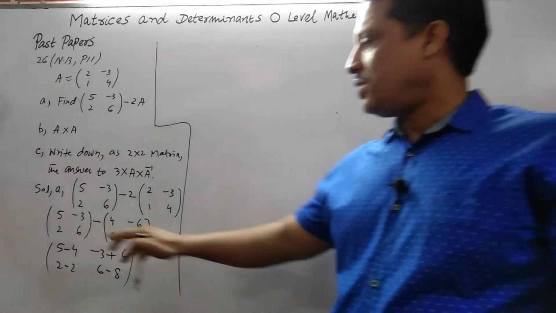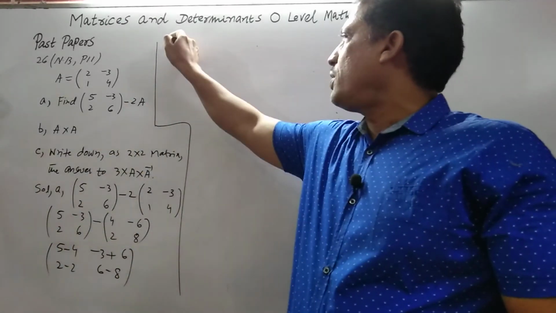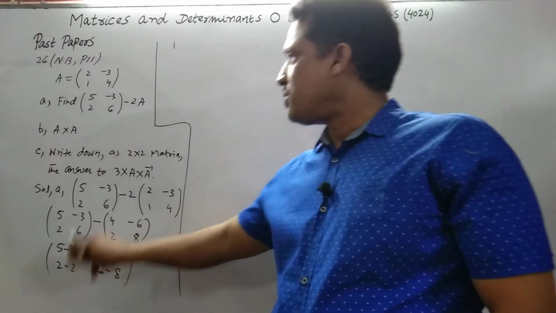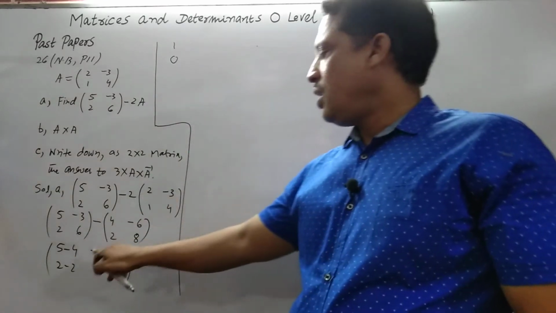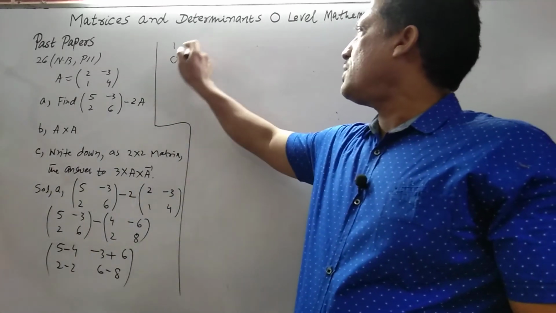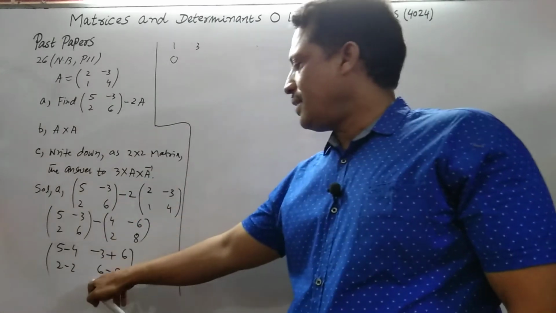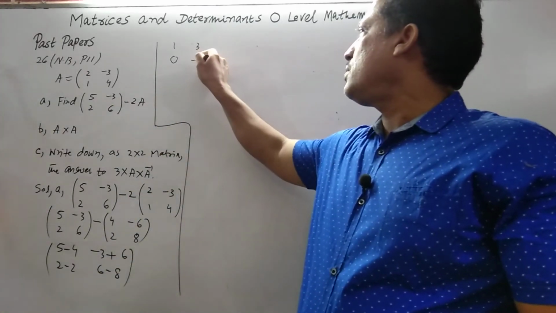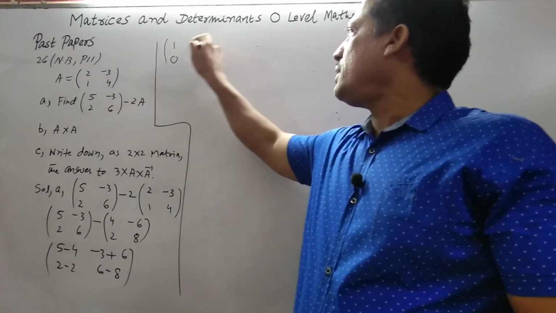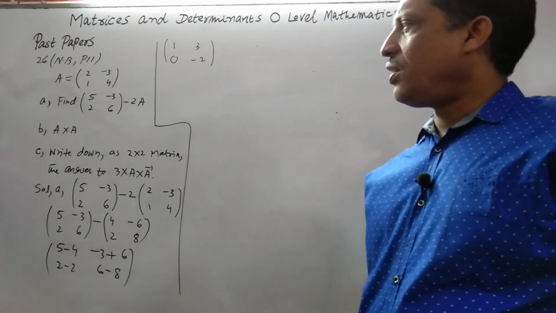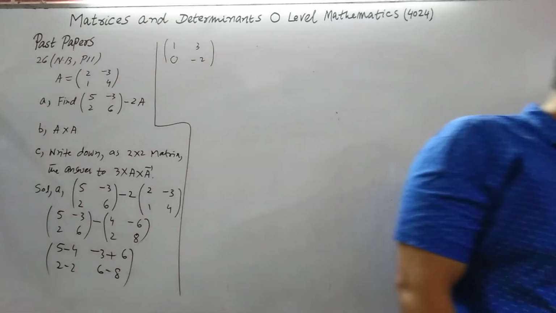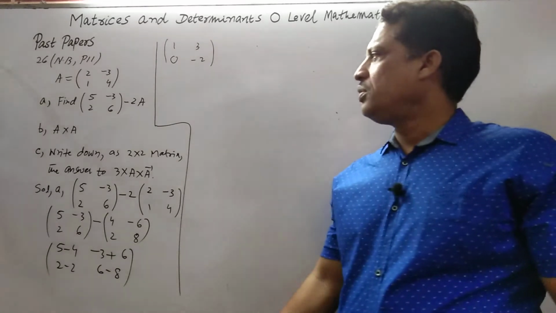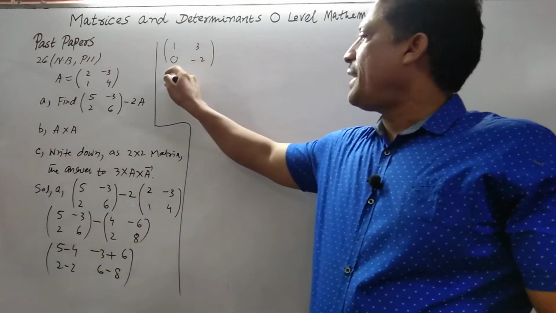The next step is to write the final answer. 5 minus 4 is 1. 2 minus 2 is 0. Minus 3 plus 6 is 3. And 6 minus 8 is minus 2. This is our final answer of part A: 1, 0, 3, minus 2. Now, come to the next part.